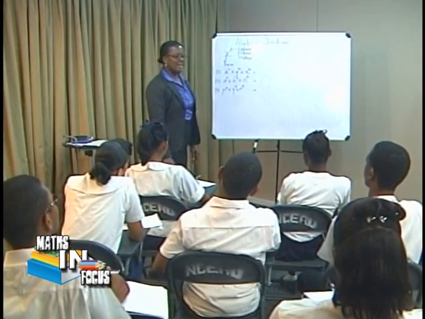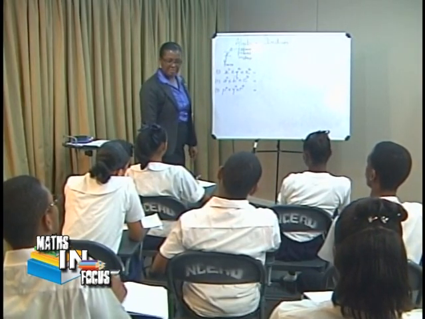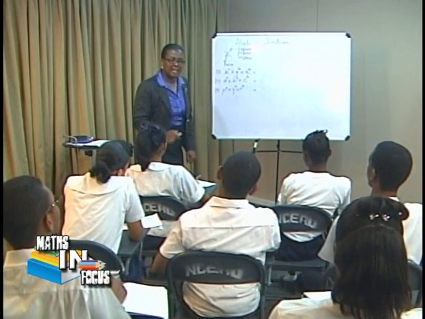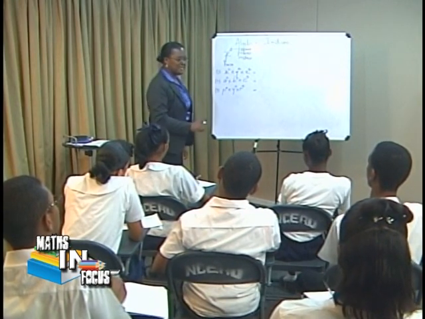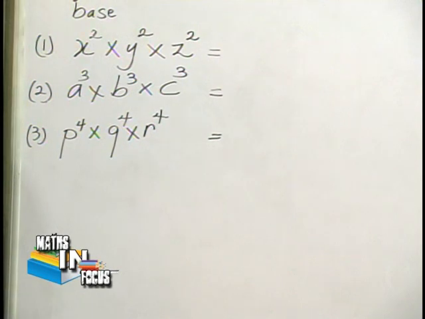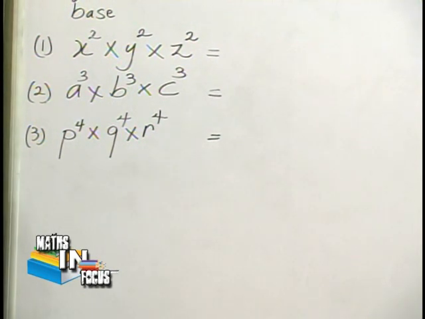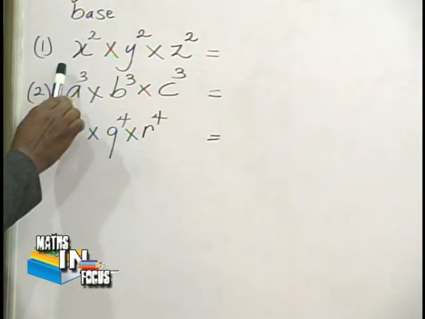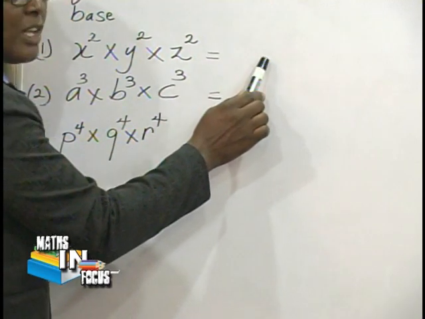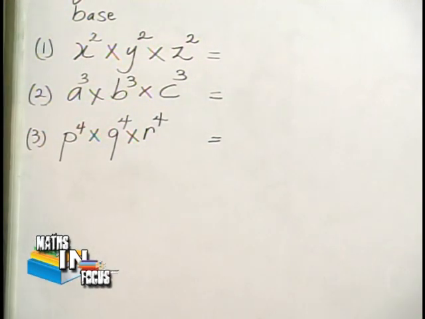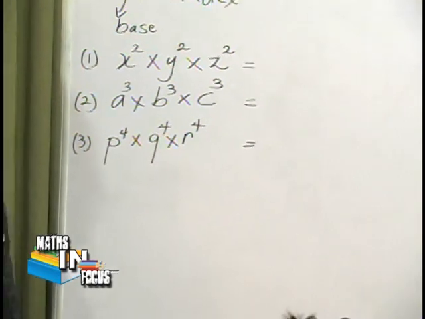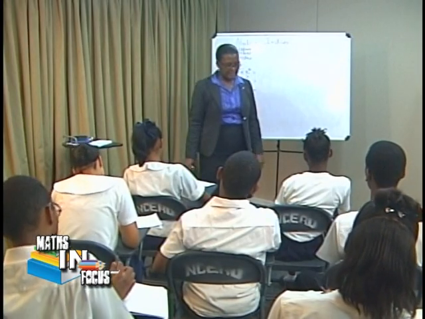The powers are all the same. Are the bases alike? No, the bases are different. The only difference is the powers are the same. When we simplify this, what would it look like across there? Solve it in your book quickly and let me see.